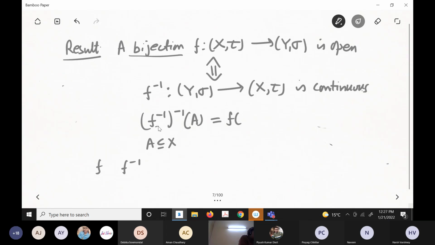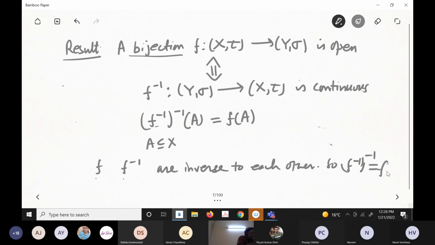So the inverse of F inverse is F. Okay, right? So this you'll have to note.